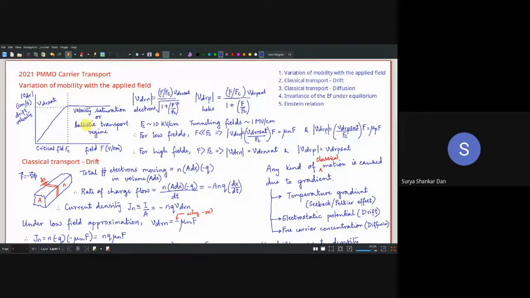The scattering will go on increasing, and remember, if you are increasing the field, you are also energizing the electrons, right? You are essentially adding more energy to the electrons, and that is why, as and when the electric field becomes much higher, we call the electrons hot electrons.